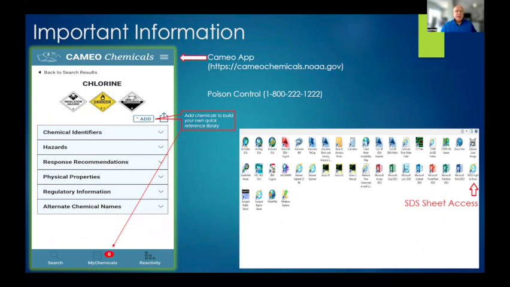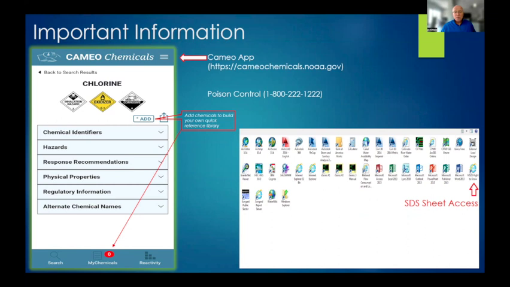If you type that in, you can download this off the App Store and you can build your own library of chemicals, and it'll give you a quick reference guide, the identifiers, the hazards, response recommendations, physical properties, regulatory information. Basically, like I said, a quick reference guide. I use it quite a bit, and it's really a nice app that's free of charge.